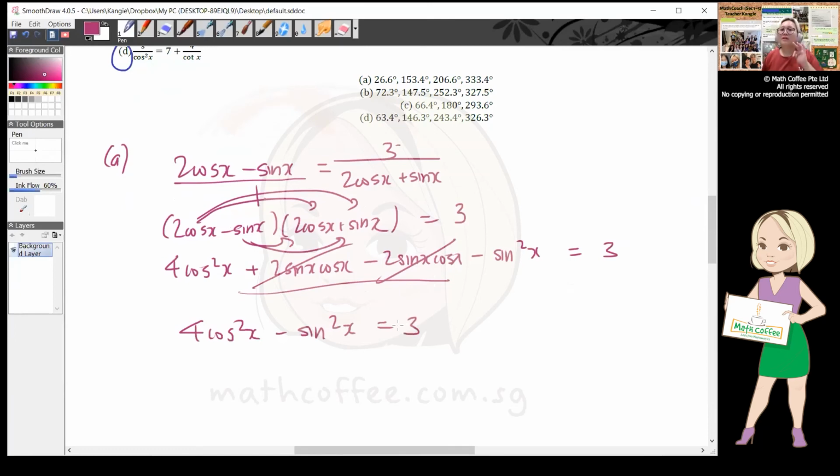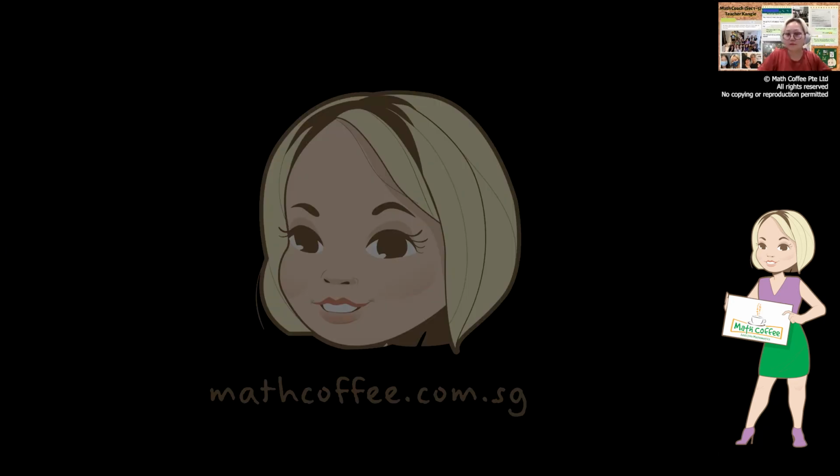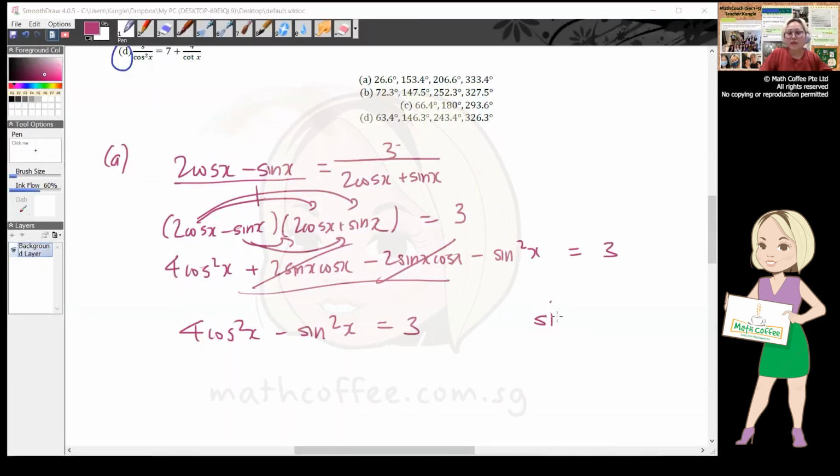Then what do I do? Over here, I will have to use the identity. We know from the formula sheet that there are a few identities that you need to use.